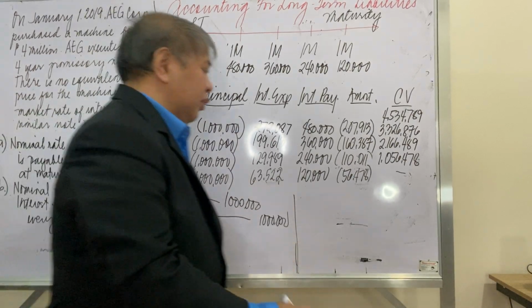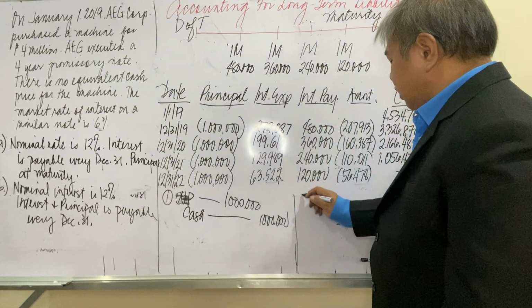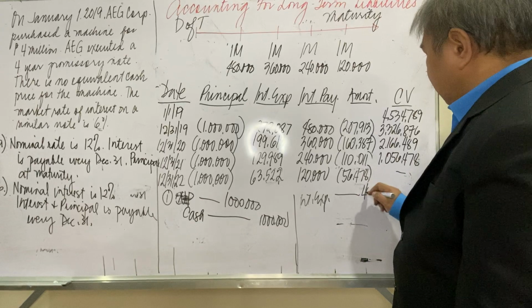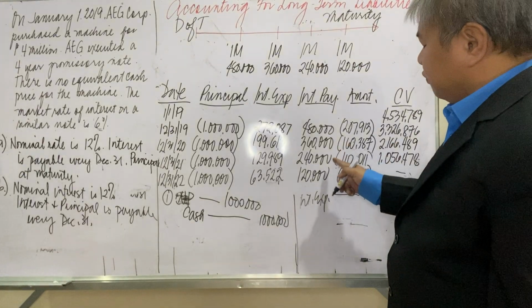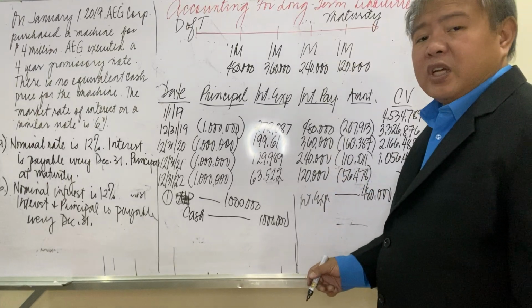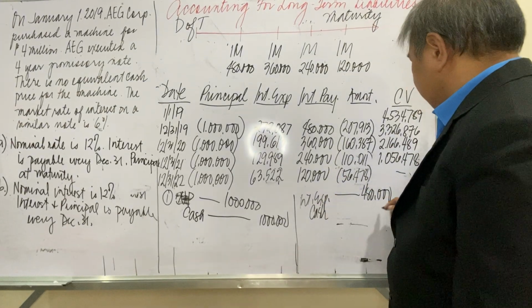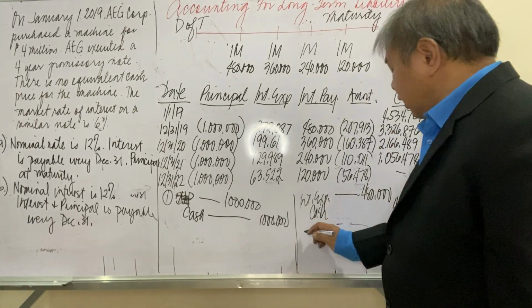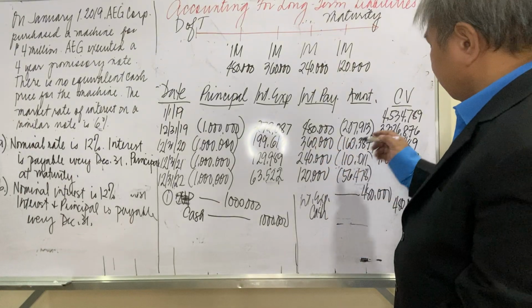And then, we will recognize the amount of interest being paid, so debit interest expense for 480,000 on the first year, 360,000 on the second year, 240,000 on the third, and 120,000 on the fourth year. And then credit cash for the same amount, 480,000. And then another one to recognize the amortization here.